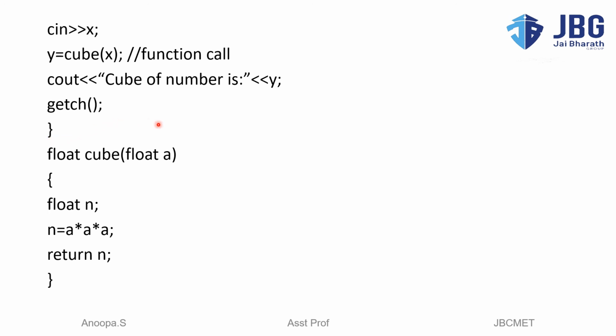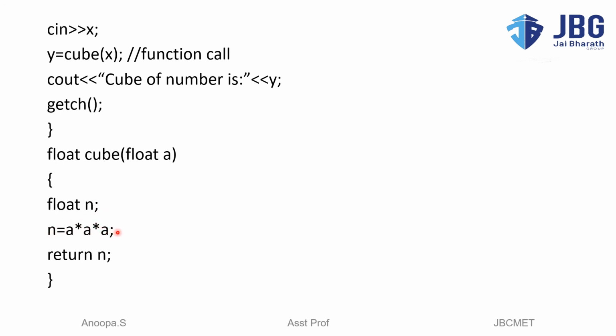Now our function cube is defined here. Float, that is the return type. Cube is the function name, float a is the argument. Within curly brackets, float n, I am declaring a variable n of data type float. n equals a into a into a.